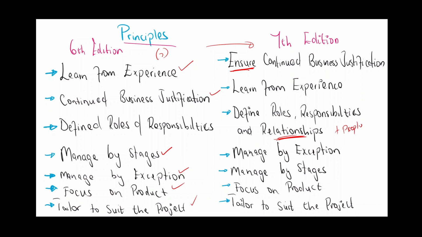And of course, you cannot have people without considering and thinking about relationships. So the change in the principles, we have defined roles, responsibility, and relationships. Then of course, manage by exception still stands, manage by stages, focus on product, and tailor to suit the project. All right.